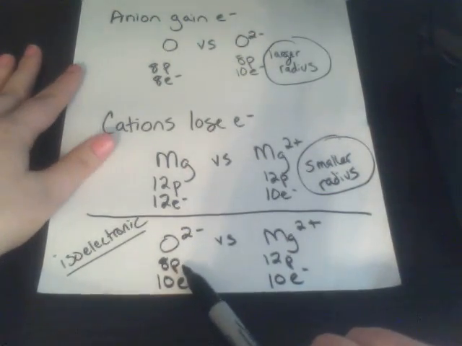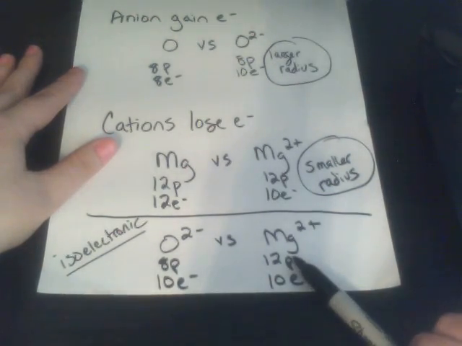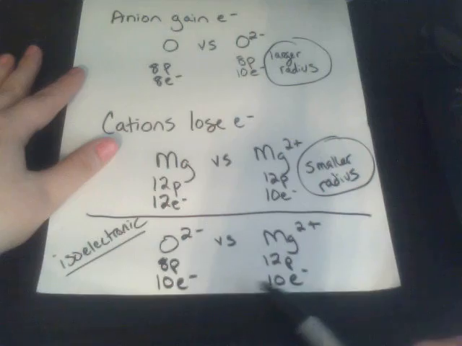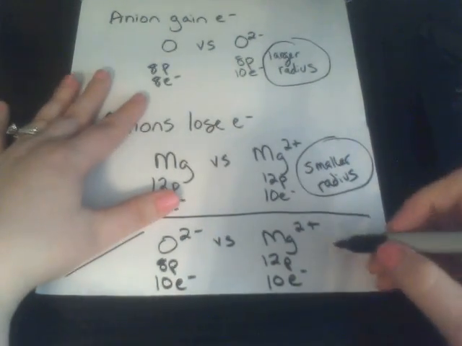So picture it, if you had 8 magnets pulling on 10, or you had 12 magnets pulling on 10, an attraction of 12 pulling in on 10 versus 8 pulling in on 10. This is going to be smaller. Why?